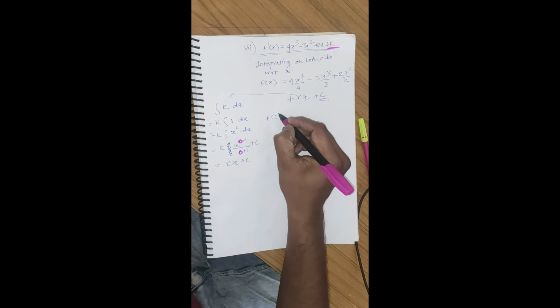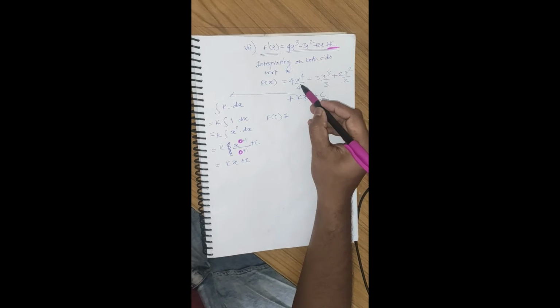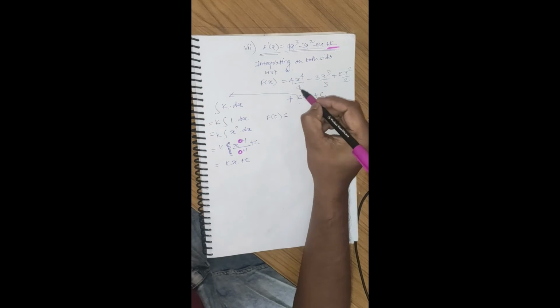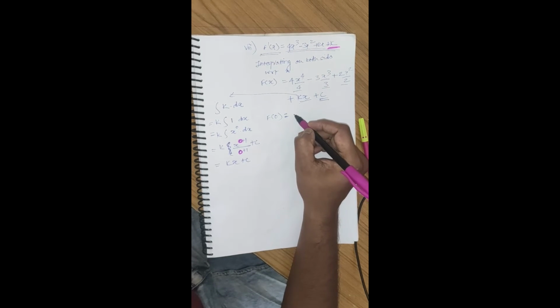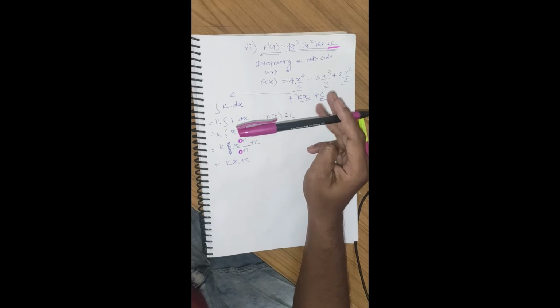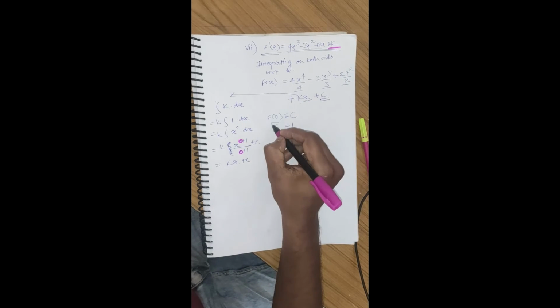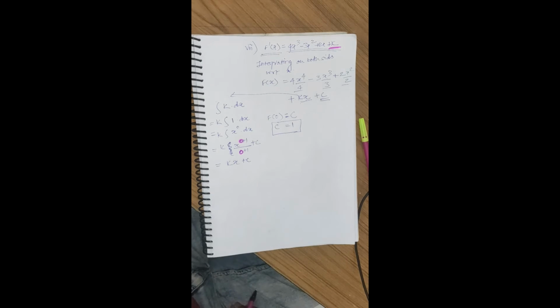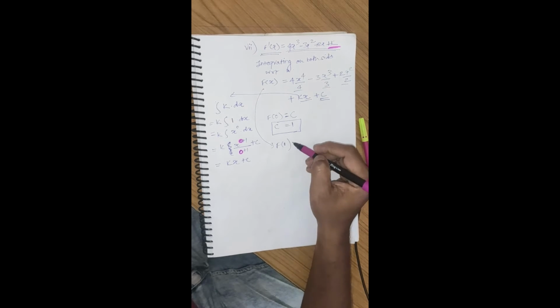F of 0: all these are going to become 0, this and this as well. So f of 0 basically becomes c, so you can write c is equal to 1 because f of 0 is given as 1 in the given problem.